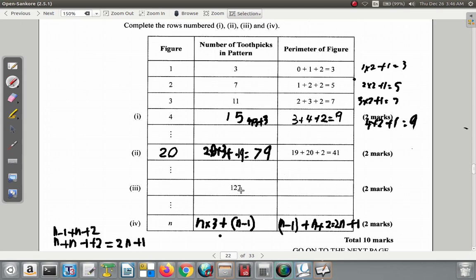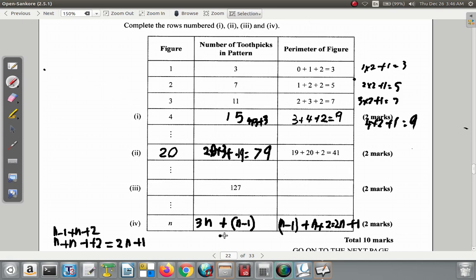So the 127, which figure would it be? Based on my calculation here, I want to put in this formula and equate it to 127 to find out what n is. Alright, so n times 3 would be 3n. And by the way, let's rewrite this as 3n, make it look a bit more sophisticated. Instead of saying n times 3, it is 3n plus n minus 1.